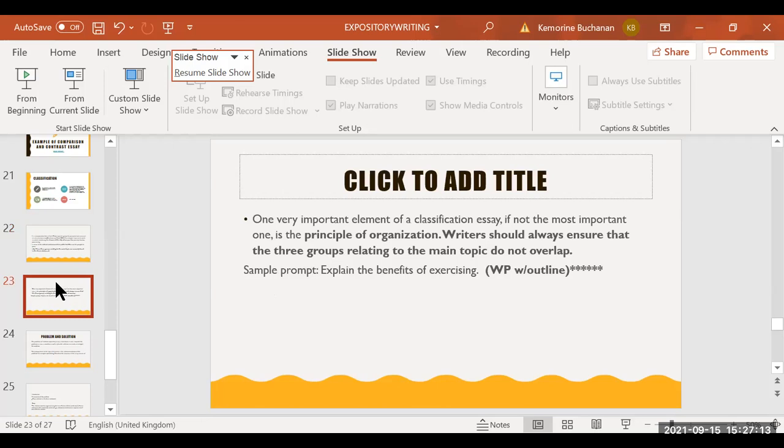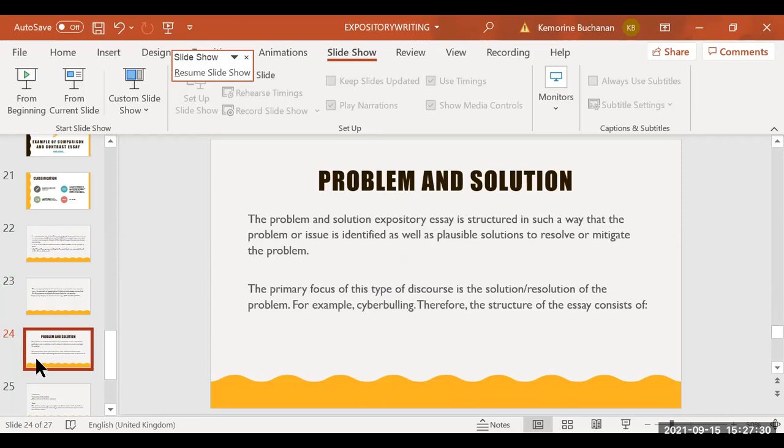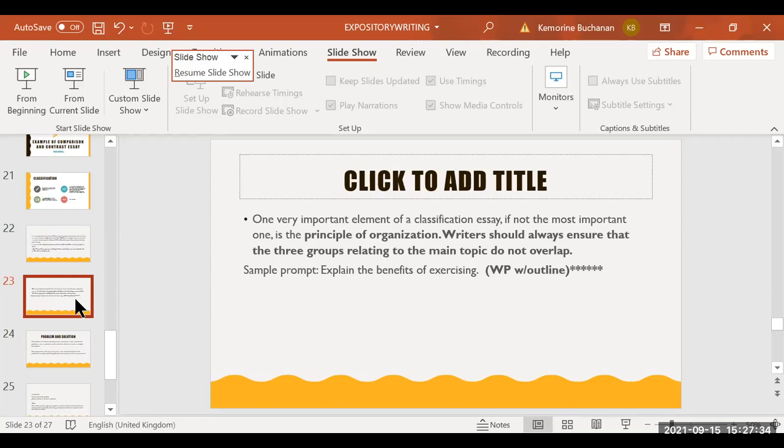One very important element of the classification essay, if not the most important one, is the principle of organization. Writers should always ensure that the 3 groups relating to the main topic do not overlap, right? We're going to look at this when we go through the outlines a little later.